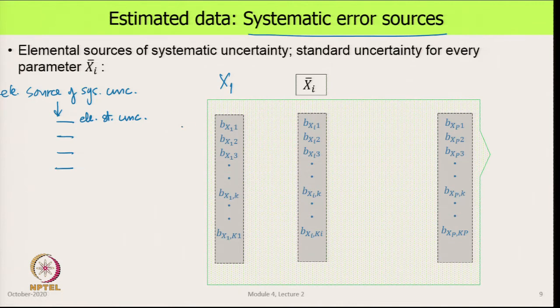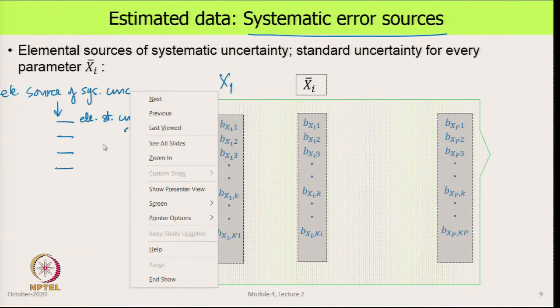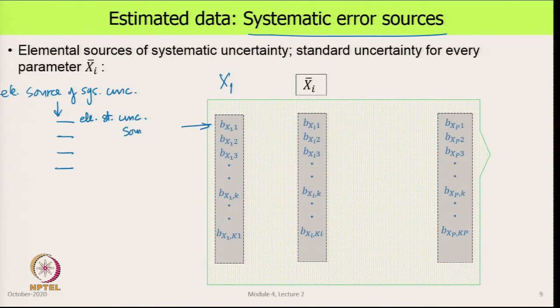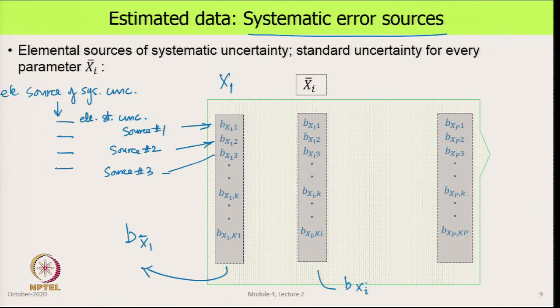And this we list out here as Bx1 from cause number 1. So, this is error source number 1. This is from source number 2 in x1. This is from source number 3 again in x1, and so we write these values. And from all this information we can get Bx1 bar, and from this we will get Bxi bar.